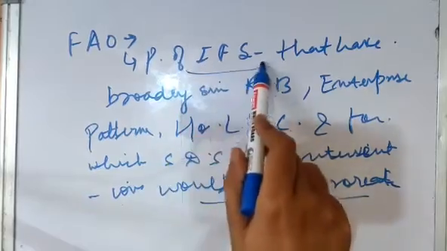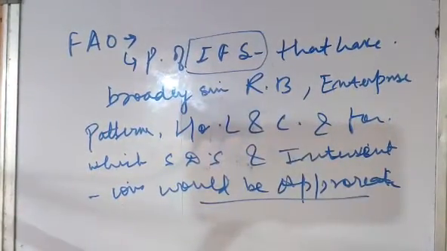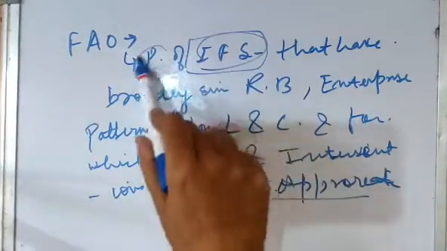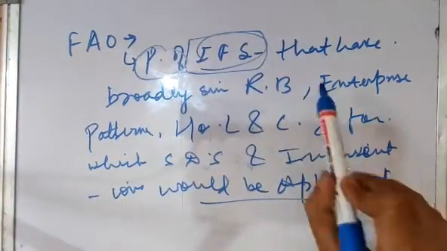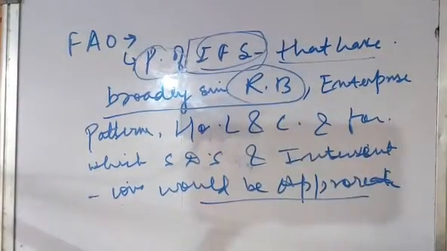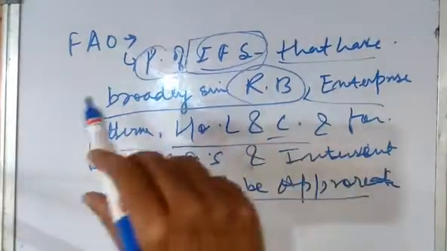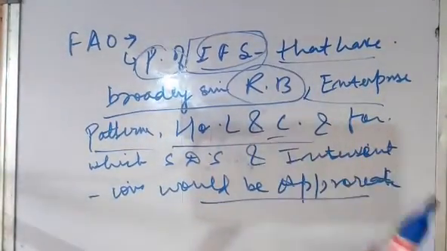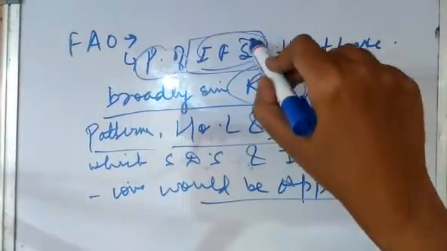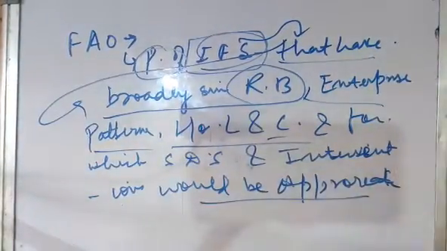So it is a population of individual farm systems that have broadly similar resource bases. They have similar enterprise patterns, households, etc. Means they all follow similar kinds of patterns. Suppose the waste generated by one can become a resource of another, so they nicely correlate and supplement each other.